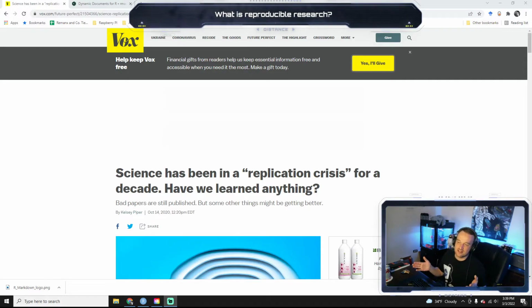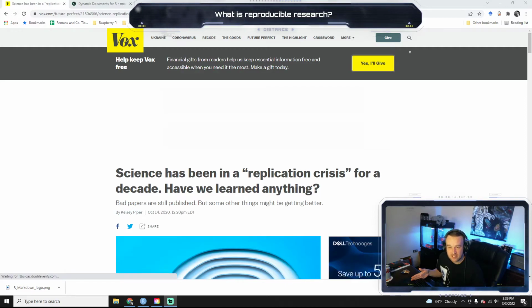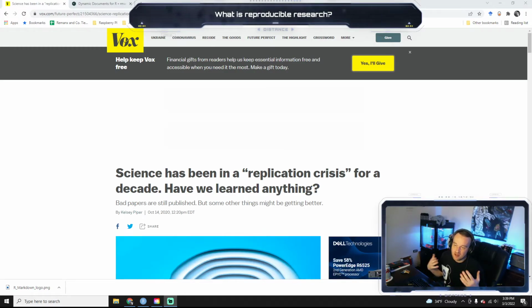And the third thing is there is very little, at least in the biological sciences and human sciences such as psychology, very little benefit or incentive to reproduce someone's experiment. If you're in a tenure track position, you're supposed to be publishing novel research. That's what they ask for.